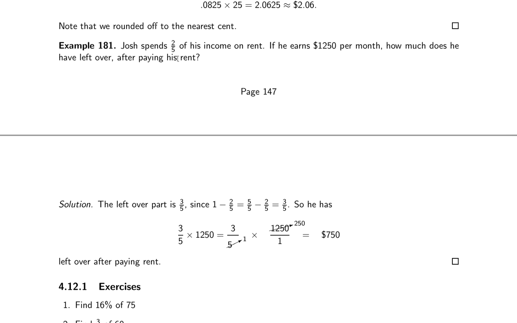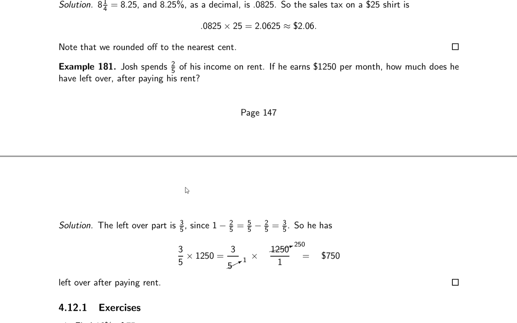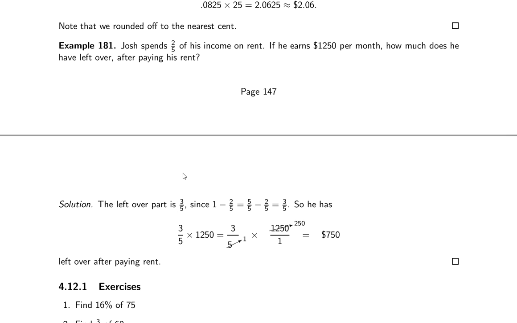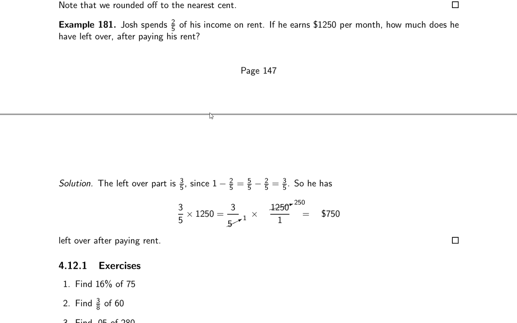There are different ways to do this. If he spends 2/5 of his income on rent, then what's left over is going to be 3/5, right? So 3/5 of 1,250.